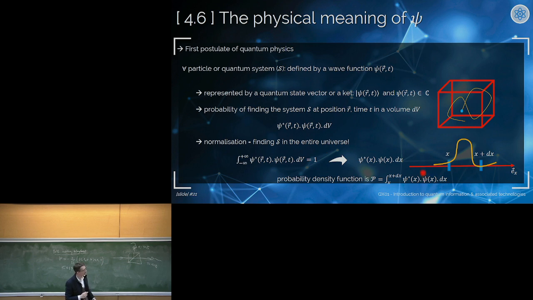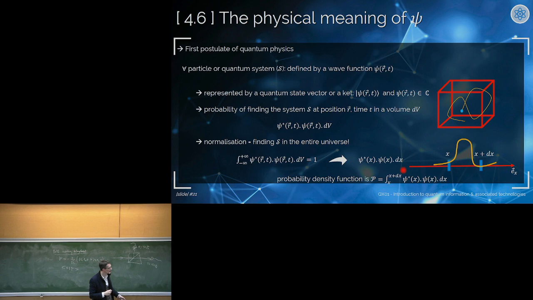So in practice, in 1D, this gives me the so-called probability density function. And this would be psi star x times psi x dx.